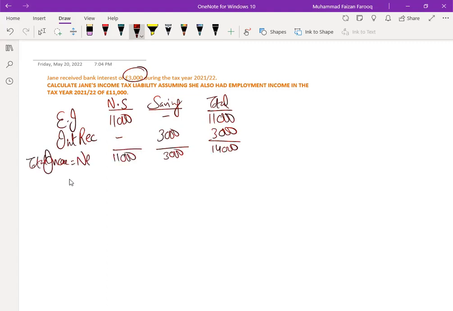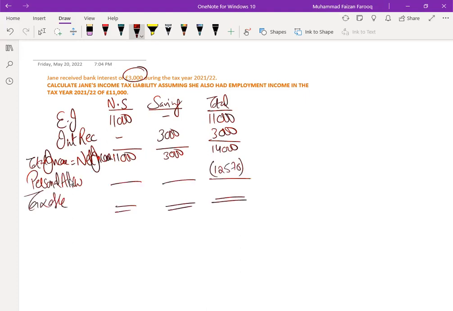Do we have any qualifying interest in this question? No. So this total is my same net income. Personal allowance. How much personal allowance are you allowed? 12,000. Okay. From the total, I deduct this. But how will I deduct from individual columns to get the taxable income? Tell me. From non-savings, how much should I deduct? All 11,000.